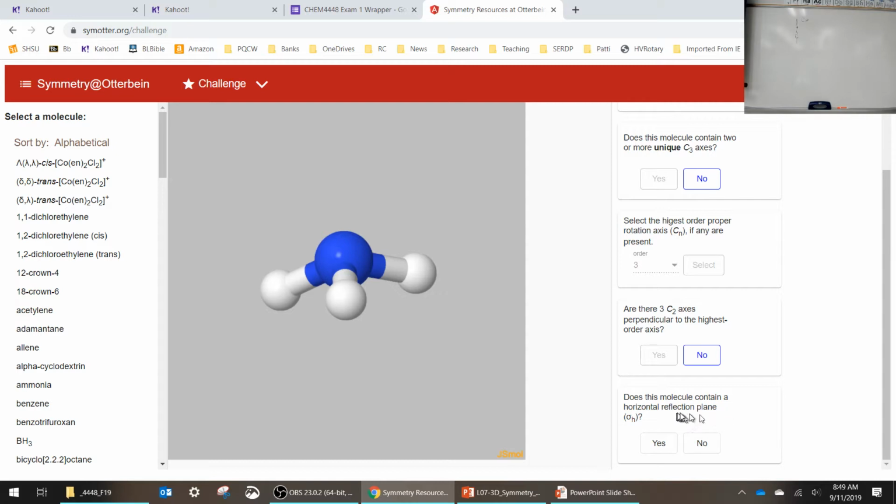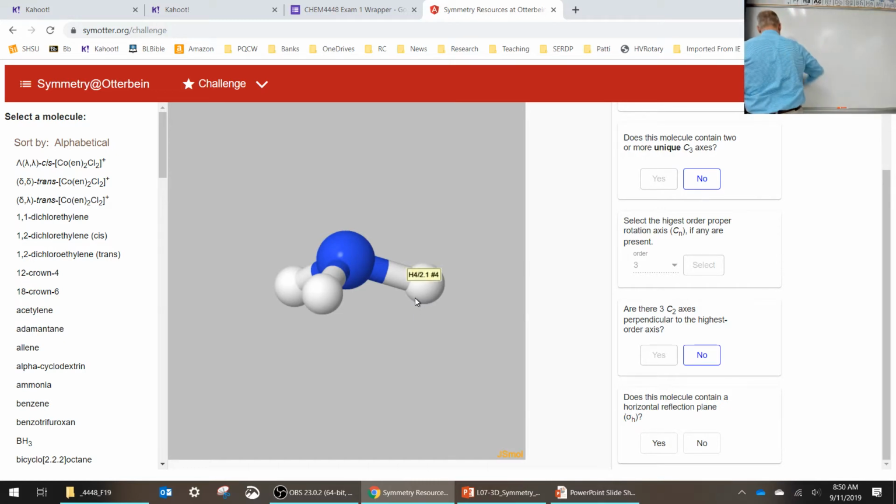Does this molecule contain a horizontal reflection plane? What is horizontal, though? Let's talk about that. We identified that this molecule has a C3 axis that goes like this, and that's the only axis it has.